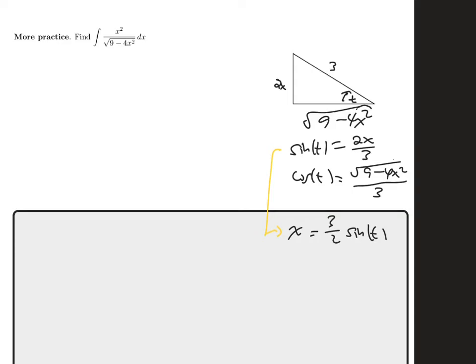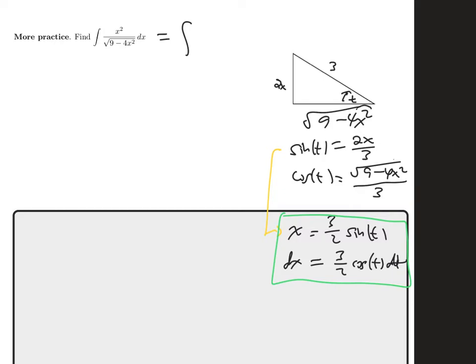And if x is 3/2 sine of t, then I can take the derivative of both sides with respect to t. I'll have the differential dx is 3/2 cosine t dt. So those are the two things I'm going to be using in my substitution. So let's go ahead and do it.